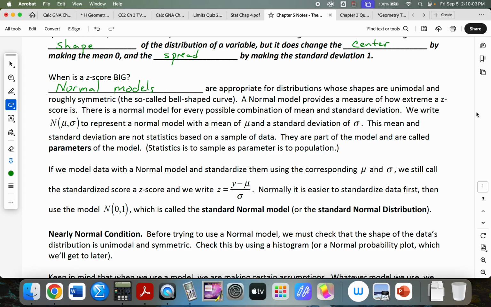A normal model provides a measure of how extreme a z-score is. There's a normal model for every combination of mean and standard deviation.